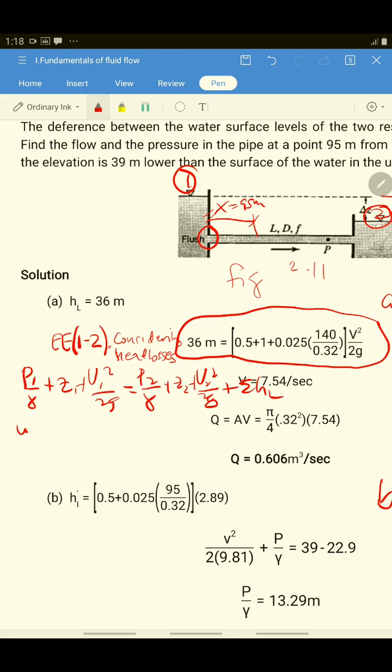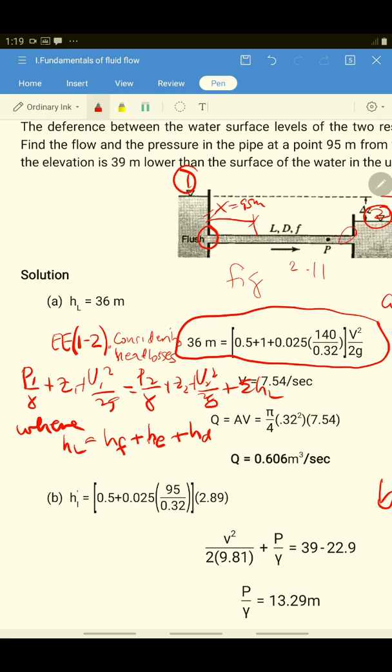Where head loss is just equal to the head loss due to friction plus the head loss due to the minor losses. So what are the minor losses? The head loss at the entrance, since the discharge is also submerged, plus head loss at the discharge.